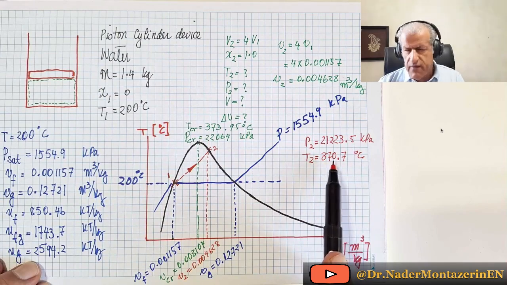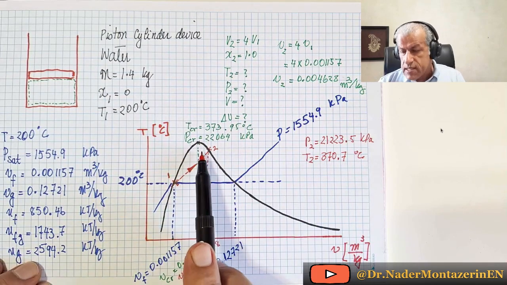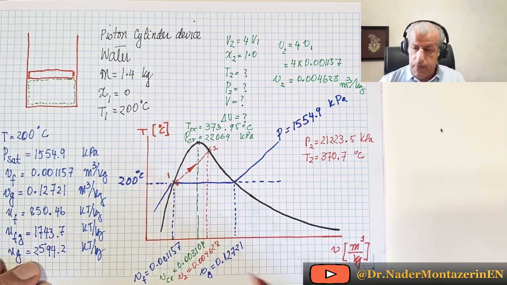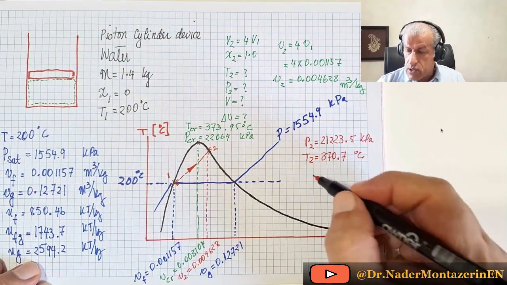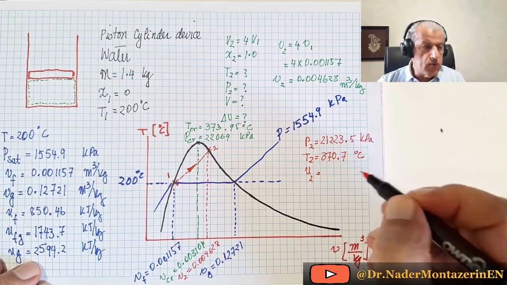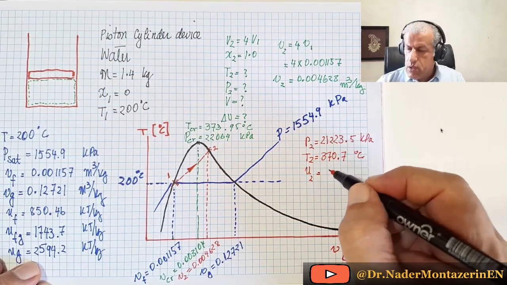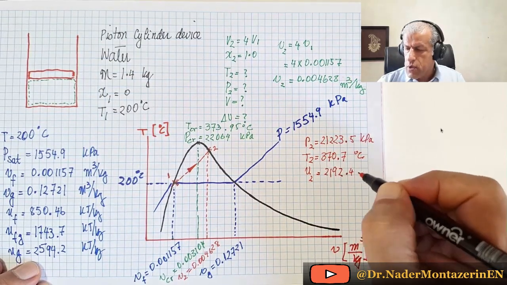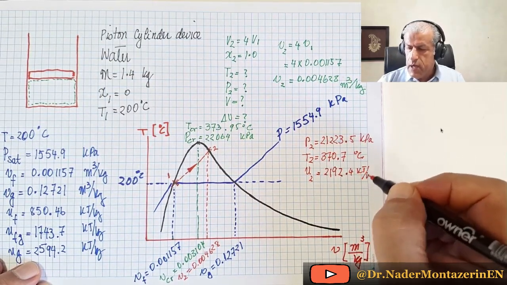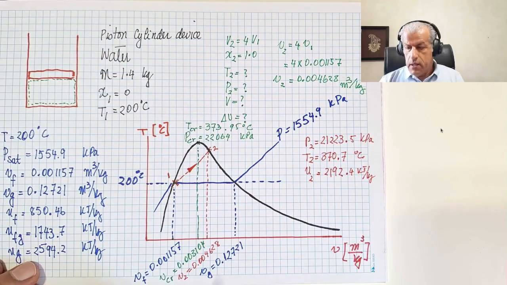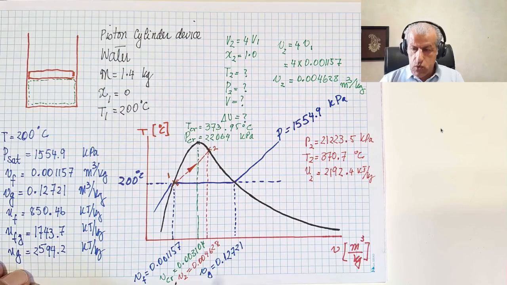So it's very, very close to the critical point, and it's just slightly to the right of the critical point. We could also read ug from the table, which is also u2, and that would be 2192.4 kilojoules per kilogram. And this is all the knowledge of point 2.